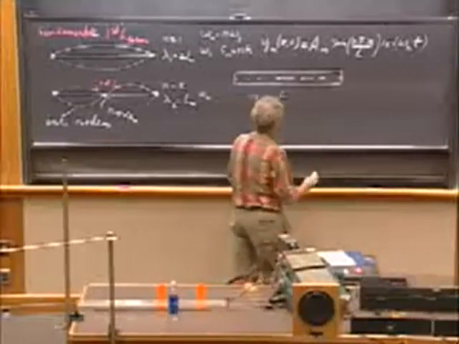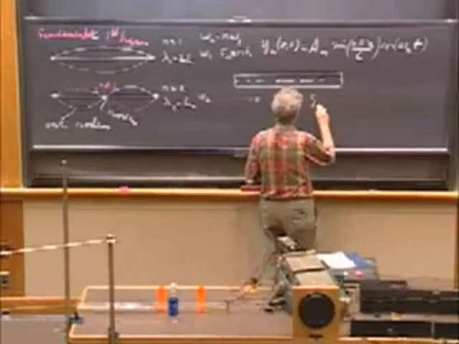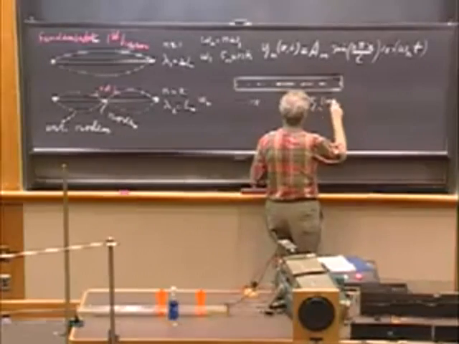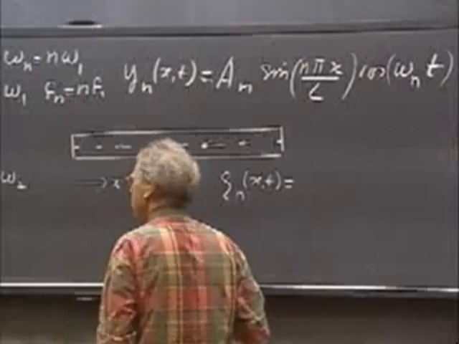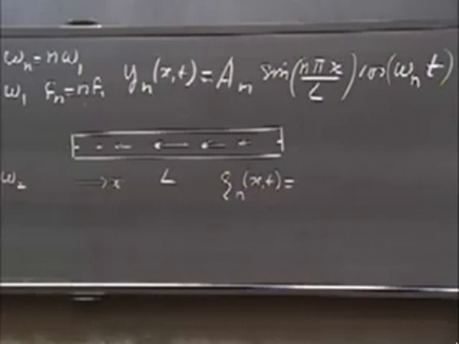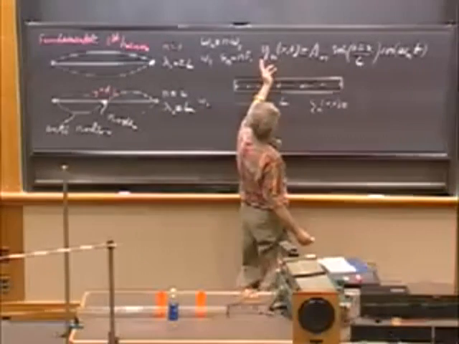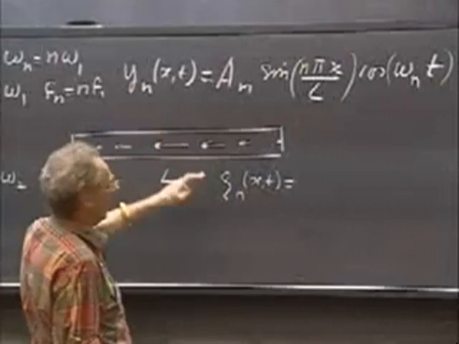And so I could write down that psi in its nth mode as a function of x and t is then effectively the same as my y that I had before, except I have to replace y now by psi.